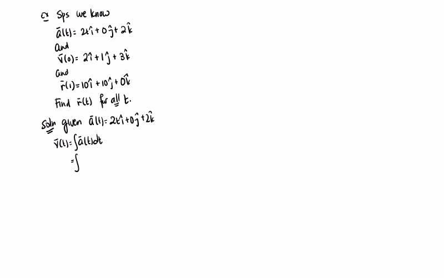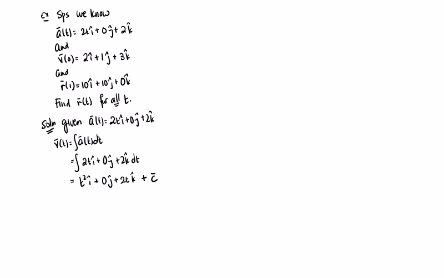So this is the integral of 2t i plus 0j plus 2k dt. So if we integrate this, the integral of 0 is technically a constant, but that's going to be taken care of by our plus c bar.